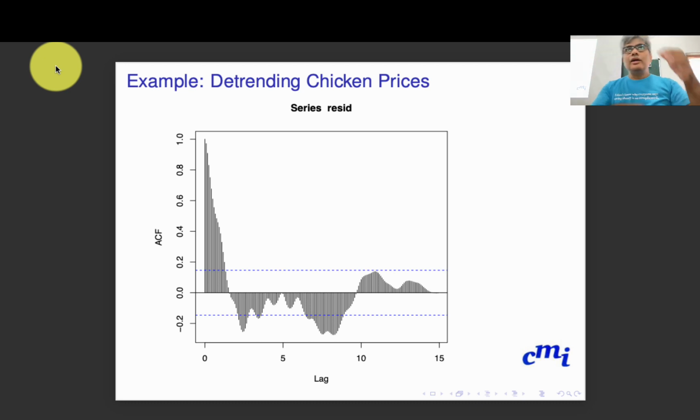So your model will be like yt equal to beta naught plus beta 1 times t plus gamma 1 times y at t minus 6 or t minus 10, something like that, and then obviously plus some residual. You can keep trying that until you achieve white noise. Then you know that you have nothing left; whatever your series had, you modeled everything.